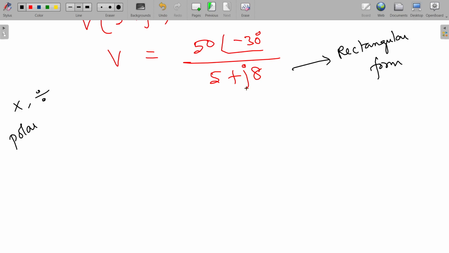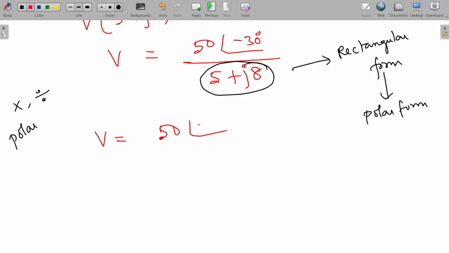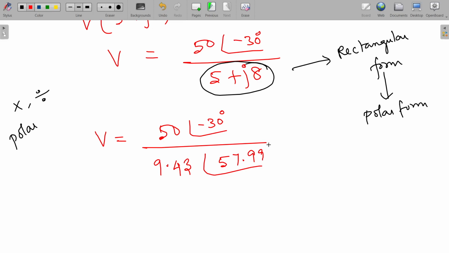So this must be converted into its equivalent polar form. So V is equal to 50 angle minus 30 divided by 5 plus j8, which is equal to 50 angle minus 30 divided by 9.43 angle 57.99 degrees. So how do you do it?